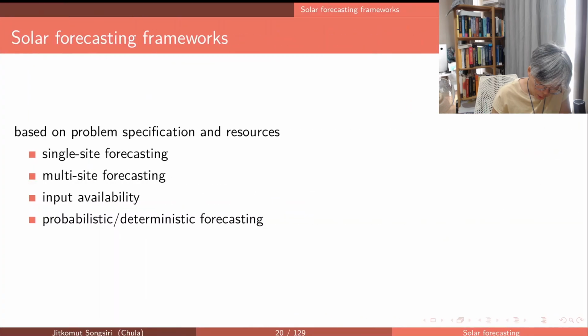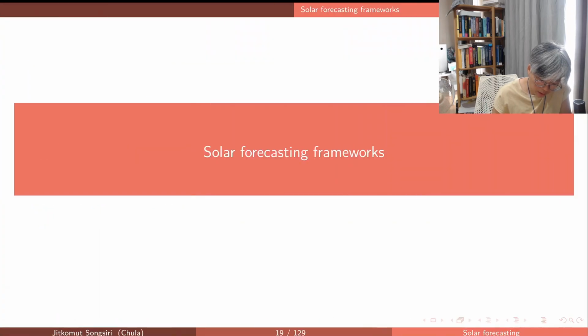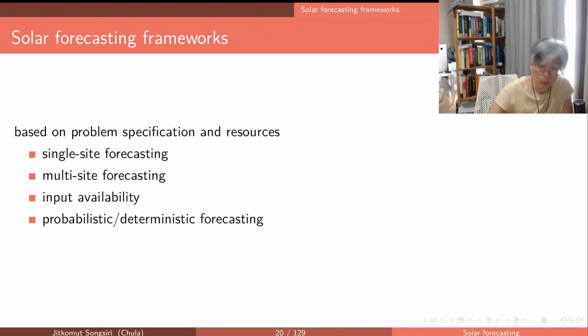So when we look at the key elements involved in forecasting, I would like to explain that once we have these tools, once we have data, once we have the model, there are different approaches and different frameworks we can provide, because there are many aspects of the solar forecasting problem.